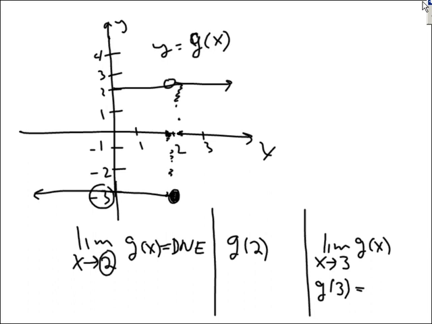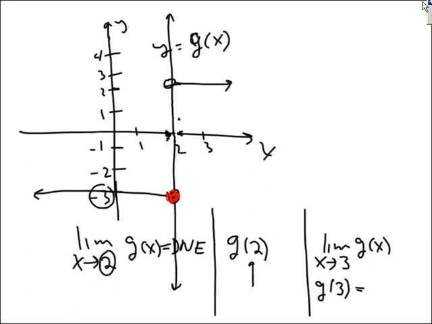To find g of any number, you go to that number. Excuse me one moment. This here is not part of the graph. To find g of any number, you go to that number, in this case 2. You look above, you look below, and you look to see where you hit the graph. And remember, the graph is very clear.